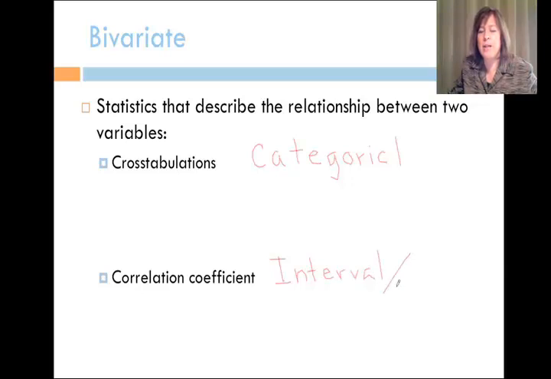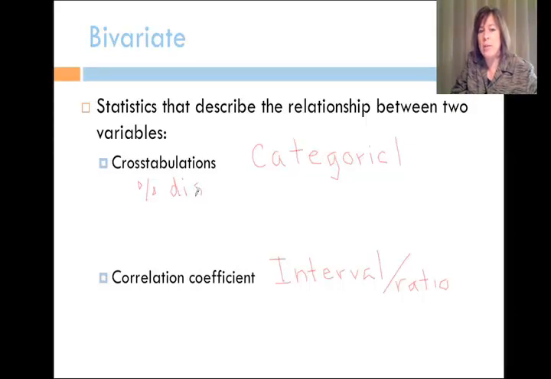Let's talk about cross tabulations first. Cross tabulations show the association between two nominal or ordinal level variables by comparing percentage distributions. So remember, distribution was one of the descriptive statistics we learned about talking about just one variable.